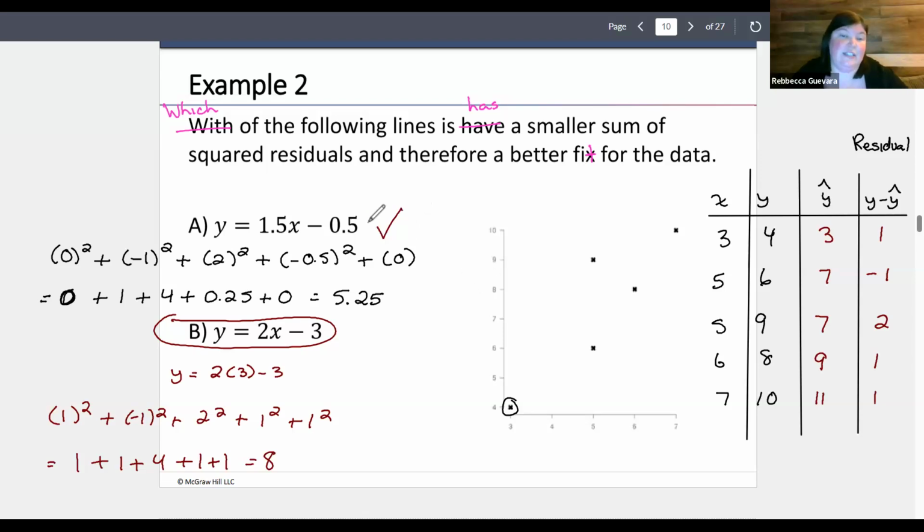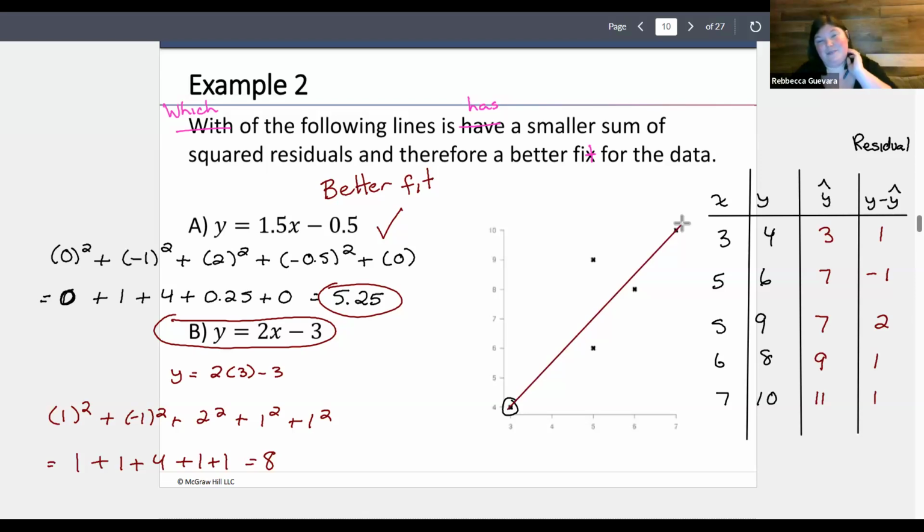This one has the smaller sum of squared errors. This is a better fit. It may not be the best fit, but it is a better fit. And actually, it was this line because, like I said, I made it go between those points. I think the other one I did was like this.